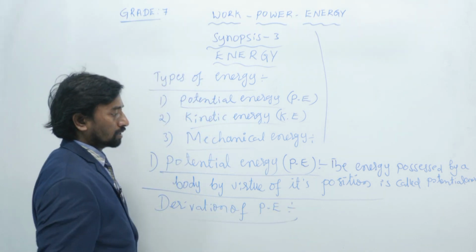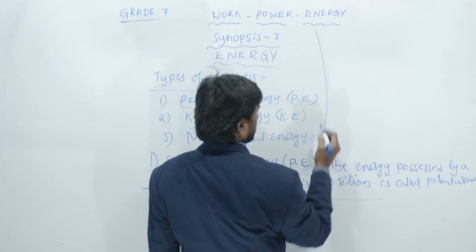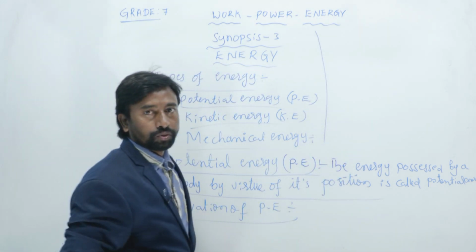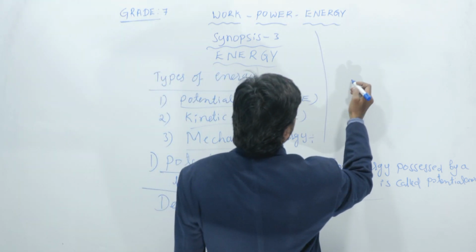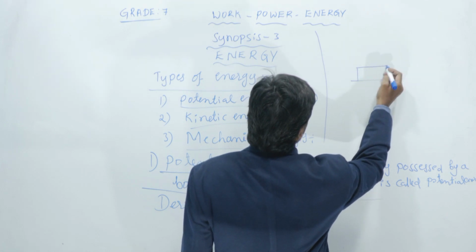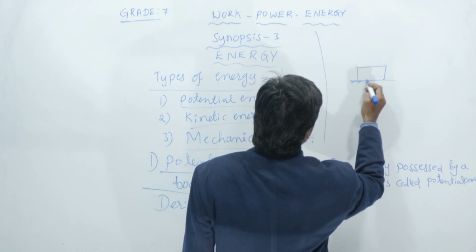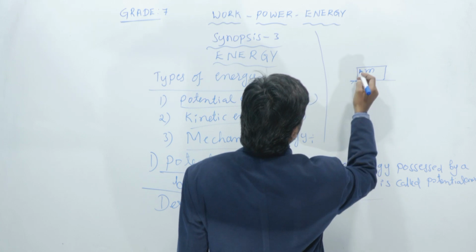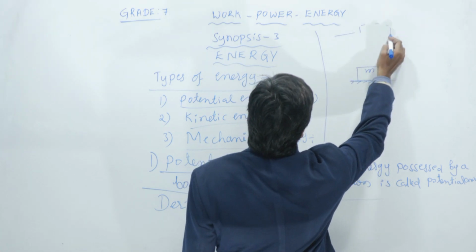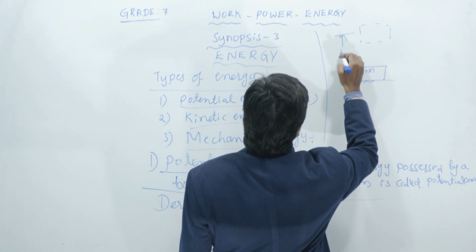Suppose any object, I'll draw it here. Suppose an object is on the ground and it has a mass m. Now this body is lifted up to a certain height h.